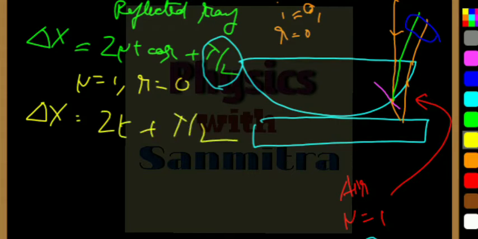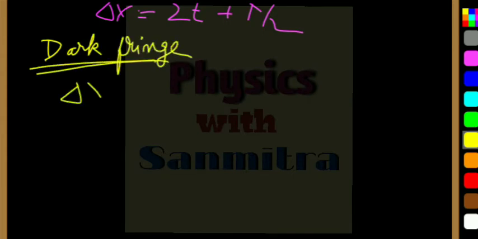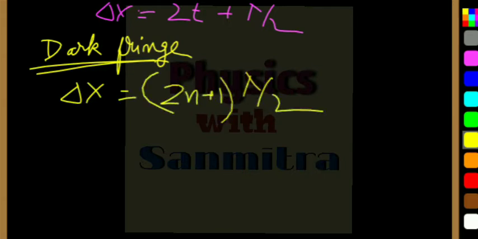Delta x is equal to 2t plus lambda by 2. Now we know that for bright fringe, let's start with the dark, I'll tell you why. For dark fringe, delta x is equal to (2n plus 1) lambda by 2.